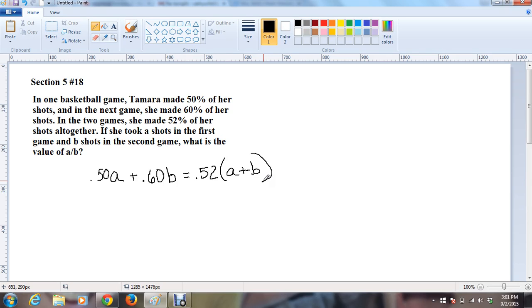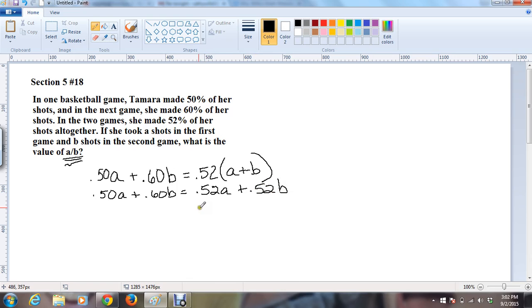All right, so really all you have to do now is solve this equation and figure out what A over B is. Now remember, this question is not asking for A, it's not asking for B, it's asking for A over B. So when we solve it, that's what we're trying to get. All right, so the first thing we can do is distribute on the right side of the equation and get 0.52A plus 0.52B.